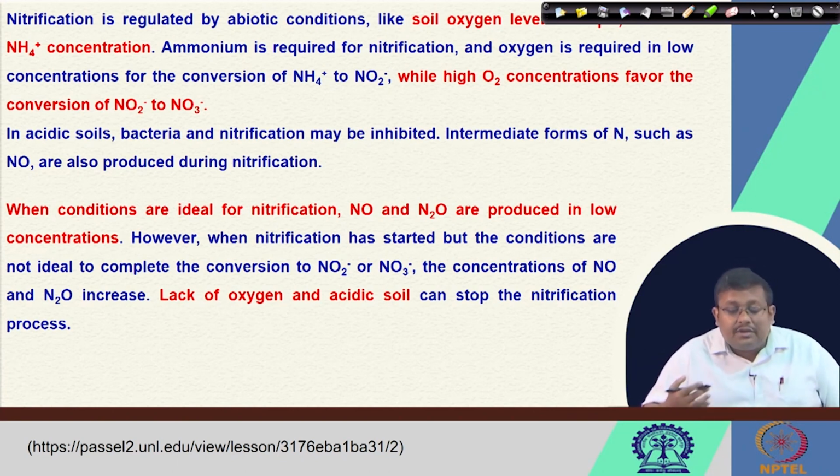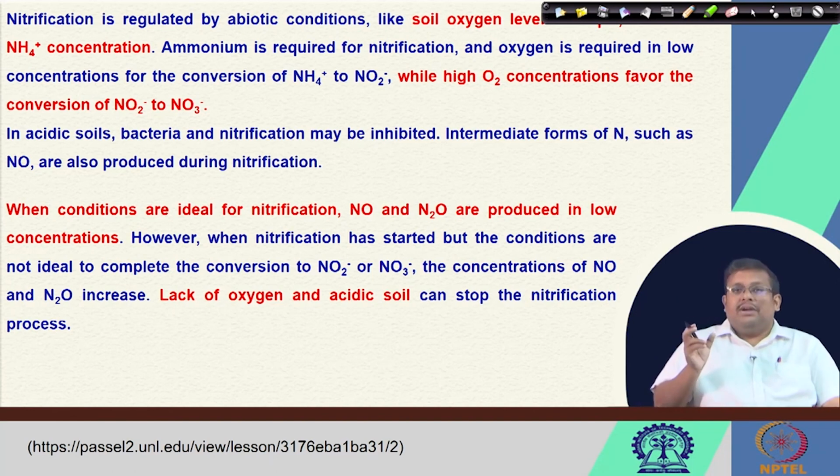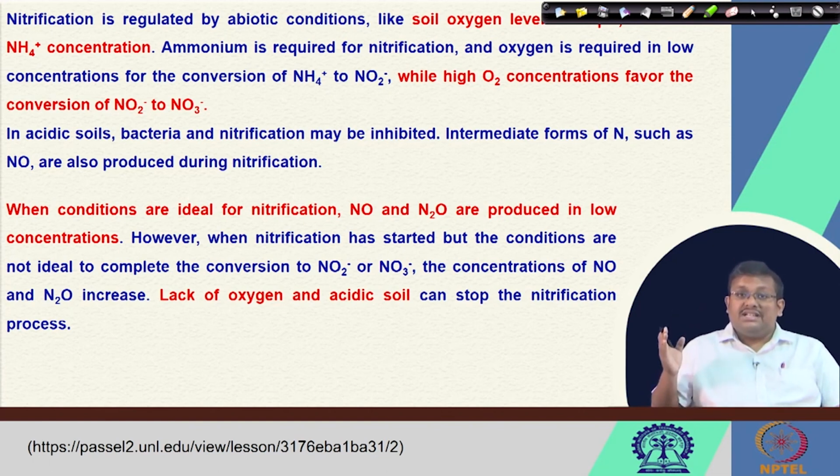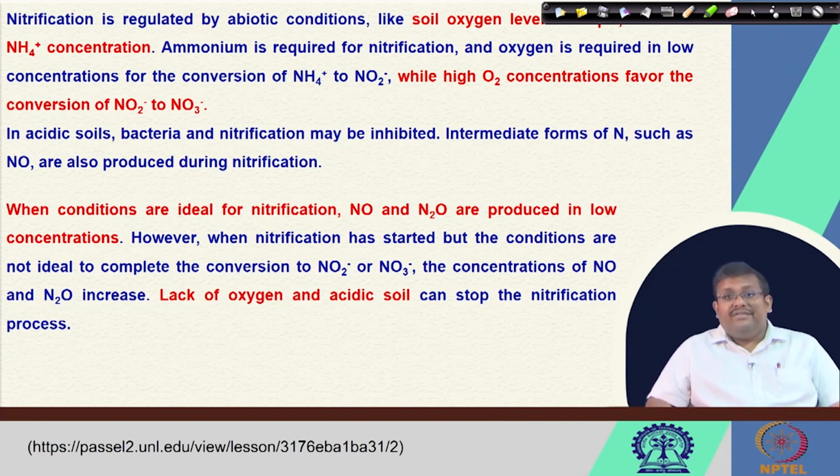So, ammonium is required for nitrification because it is the starting point, right, and oxygen is required in low concentration for the conversion of ammonium to nitrite. However, for the conversion of nitrite to nitrate, we require a high oxygen concentration. Without oxygen, there will be no conversion from nitrite to nitrate.